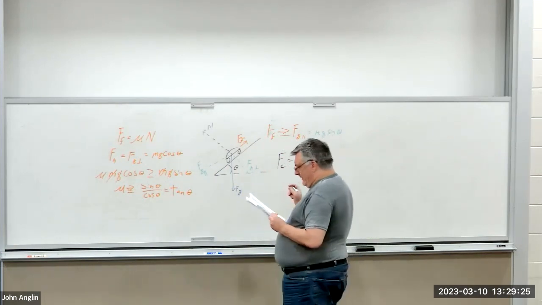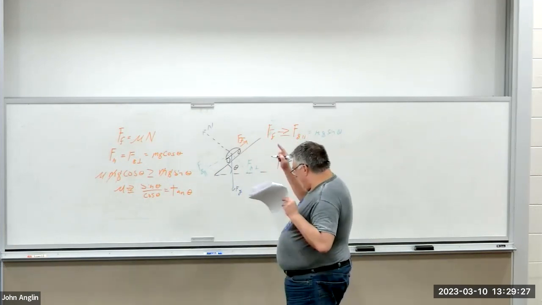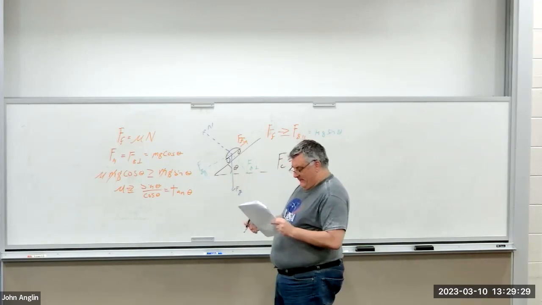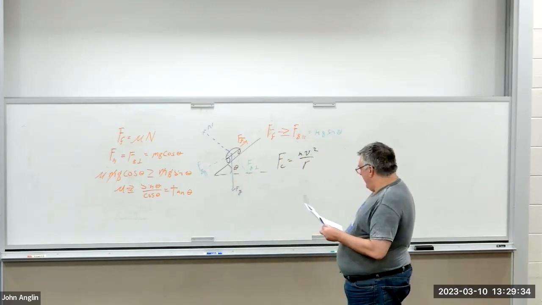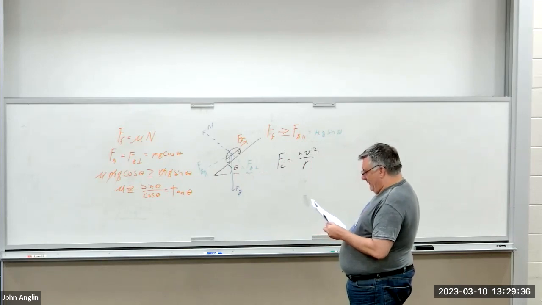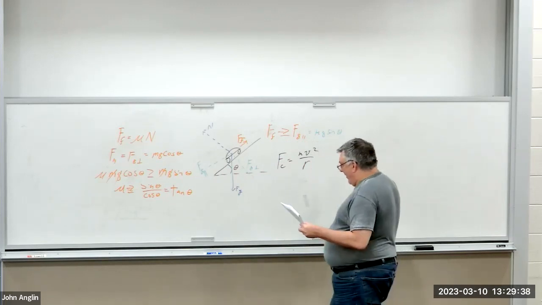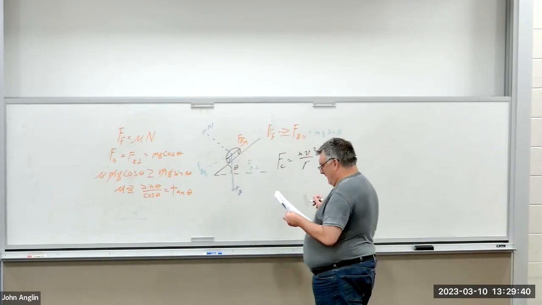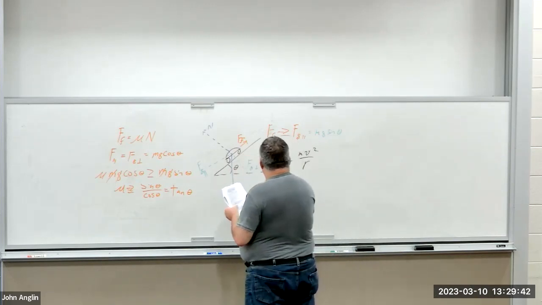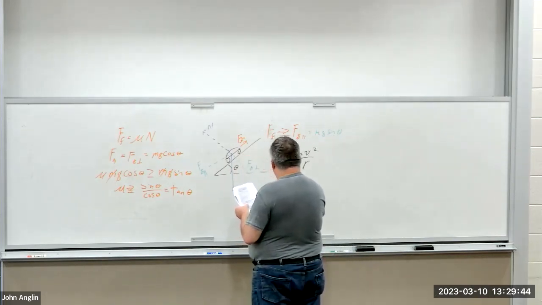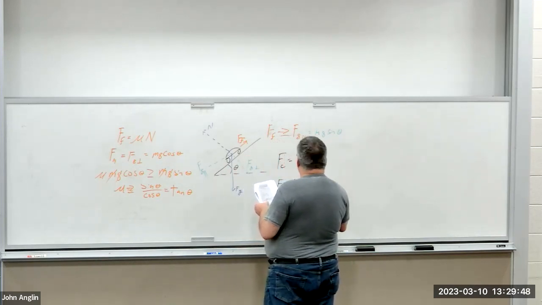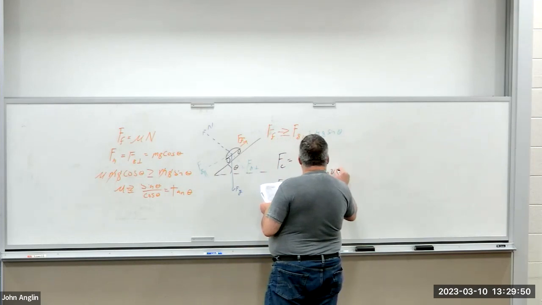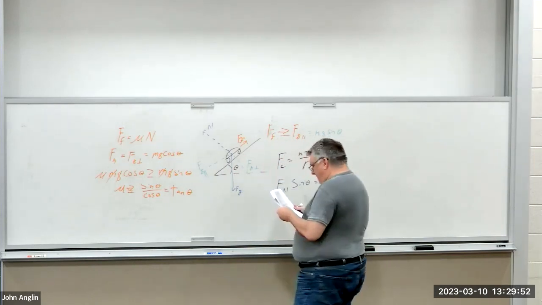That means that our normal force times the sine of our theta has got to be equal to our centrifugal force, right? So we can say that normal force sine theta equals mv squared over r.